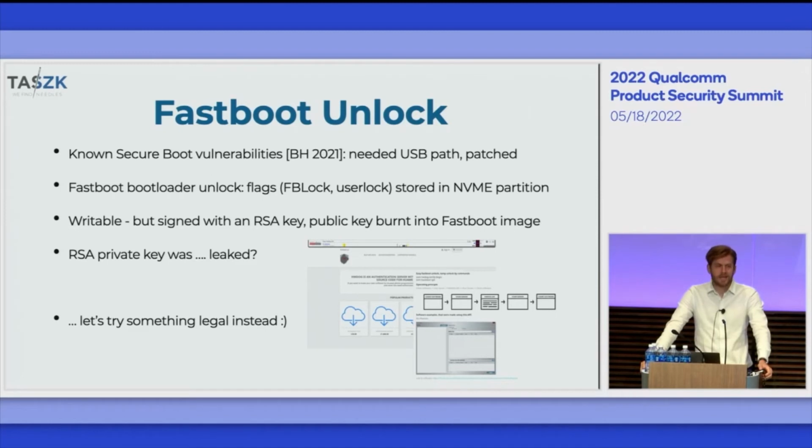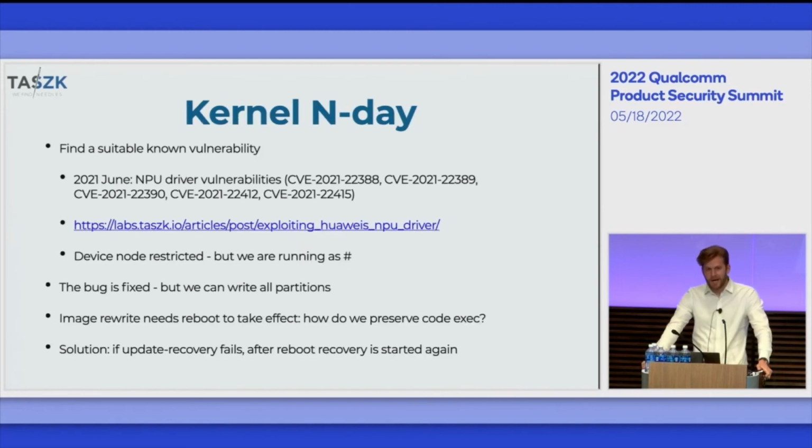So that's nice. And also, since we're technically professional practitioners, we usually try to be doing legal things. So we skipped this and went for some other things instead, and looked into the N-day thing.